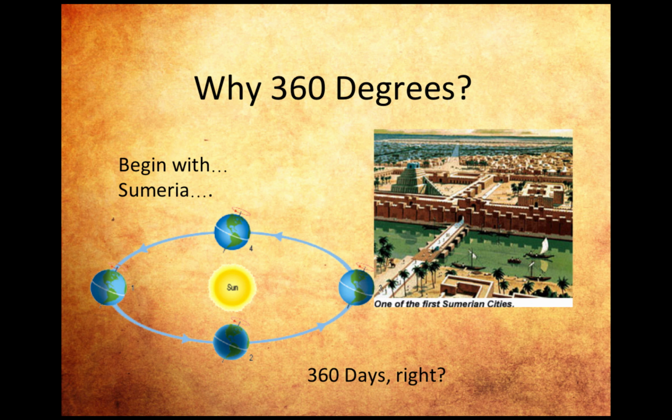So is that correct? No, it's super close. It's impressive, right? Because it was a long time ago. It's really, really close, but it's not correct. But what they said was, okay, we've got this circle, and this circle goes around every 360 days. So every day is 1/360th. We'll call it a degree.